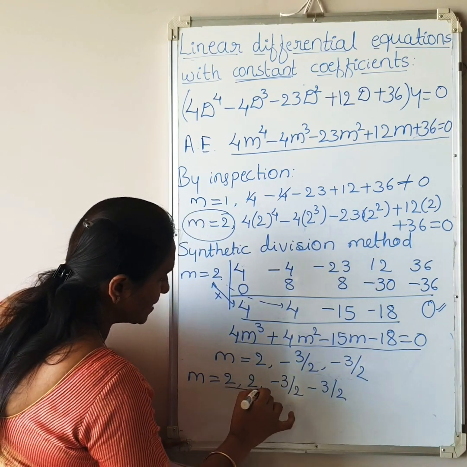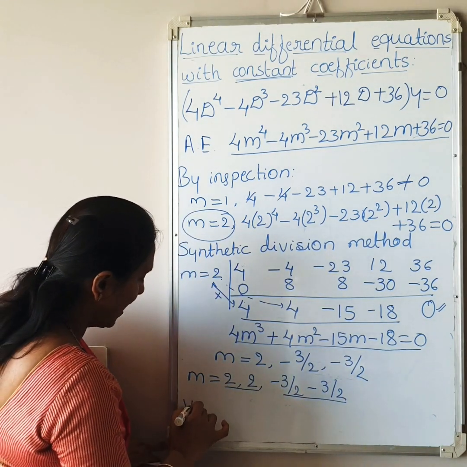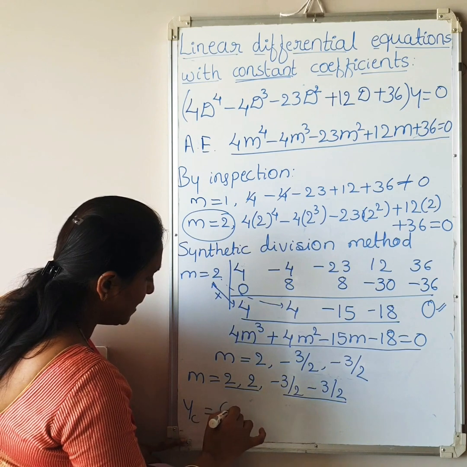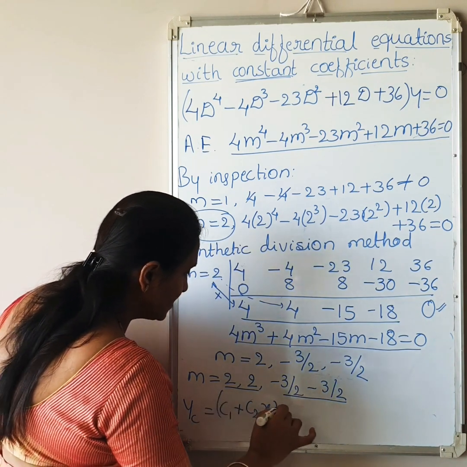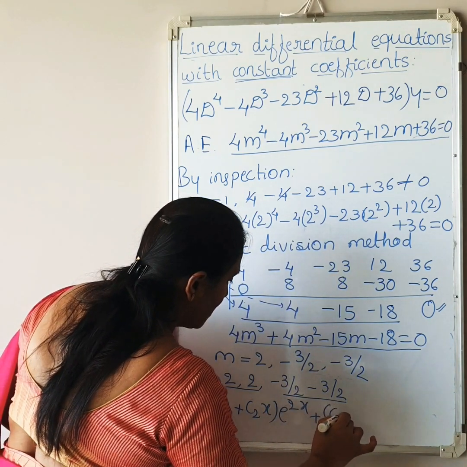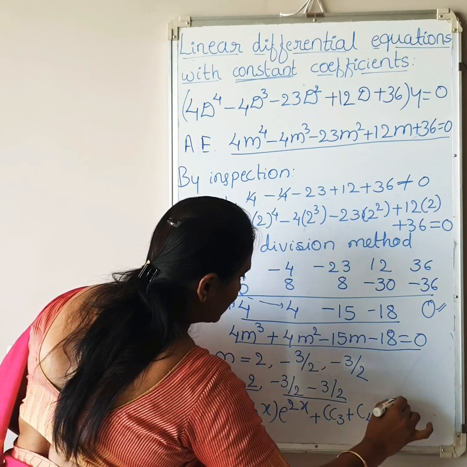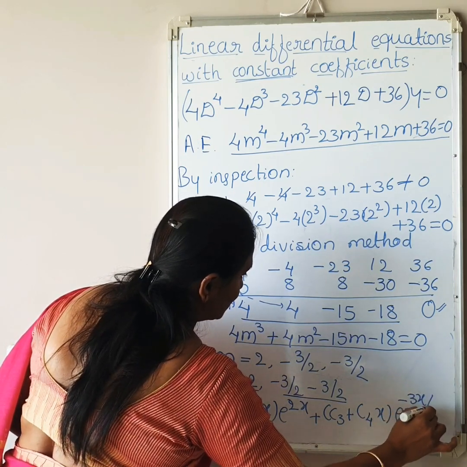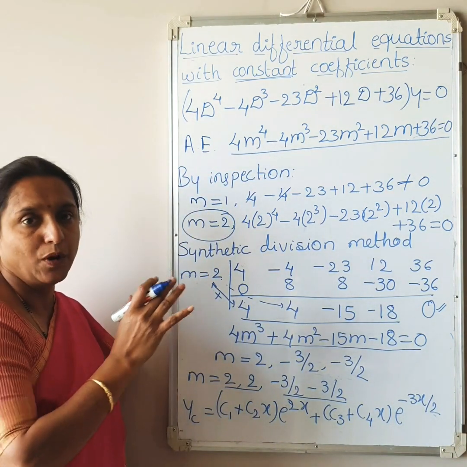So 2 roots are equal, they are real. So yc is equal to (c1 plus c2x) e raised to 2x plus (c3 plus c4x) e raised to minus 3x by 2. This is the complementary function of this problem.